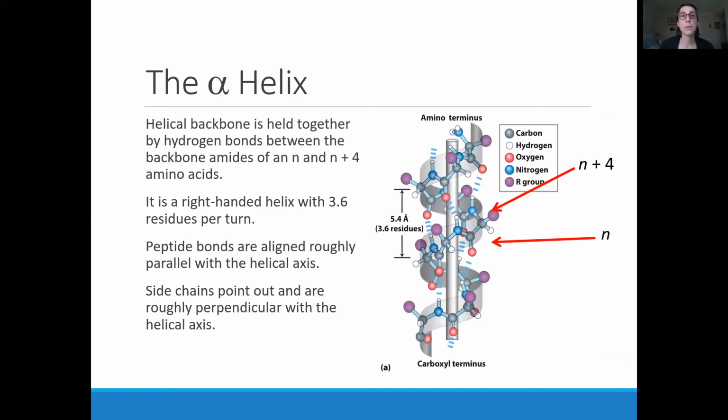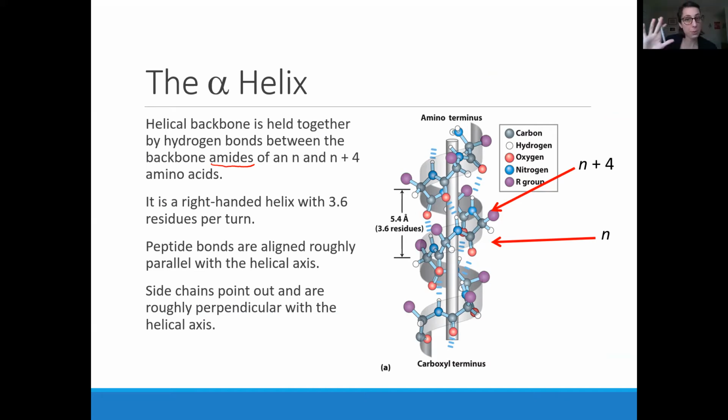So let's go more into the alpha helix. Again, this is one of the main types of secondary structures, and again, it is held together by hydrogen bonding. This is a helical structure held by hydrogen bonds between the amides of the amino acid.